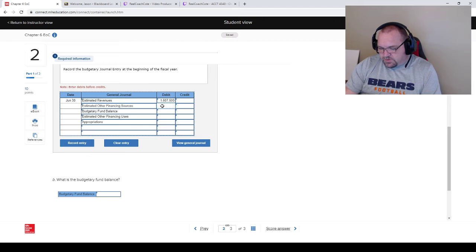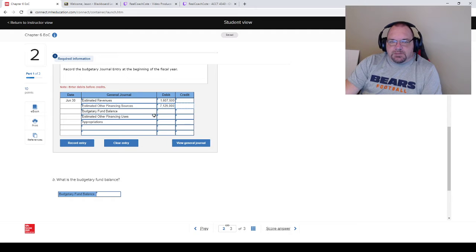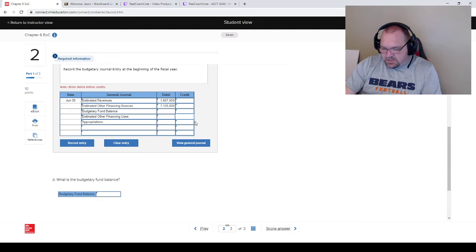The estimated other financing sources is the $7,125,000. We'll skip fund balance. Our estimated other financing uses is $7 million. Left a 0 out there. Let's try it again. And our estimated appropriations was $1,525,000. There we go.